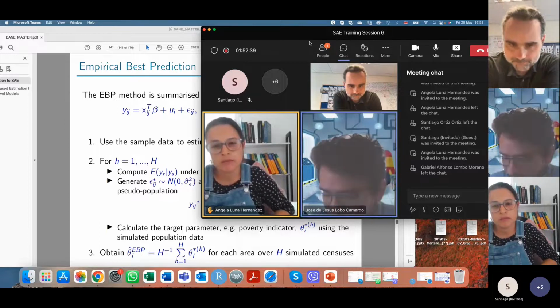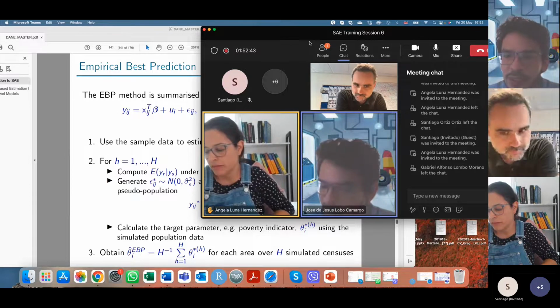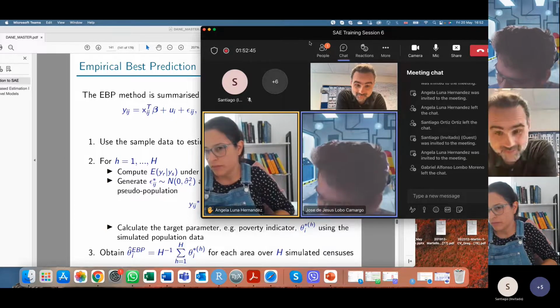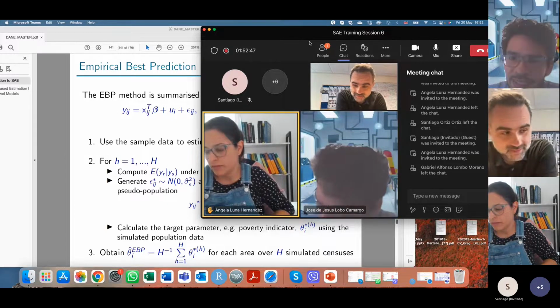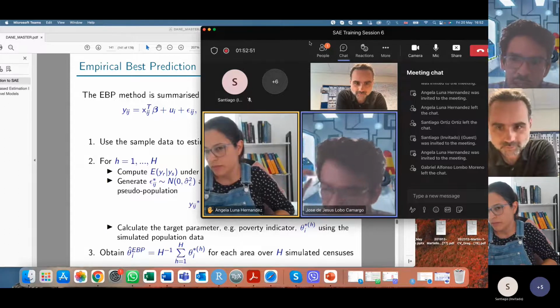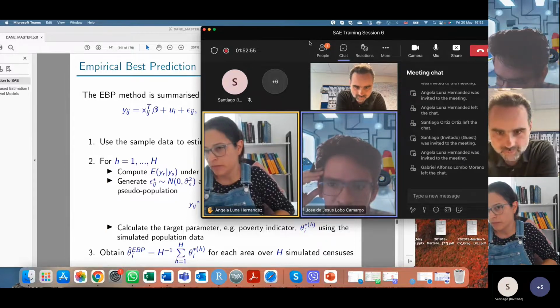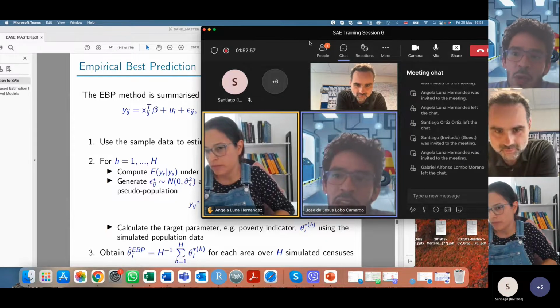Okay, thank you. I also want to share with you some of our numbers. We have 53% of the total municipalities in Colombia in our household survey.